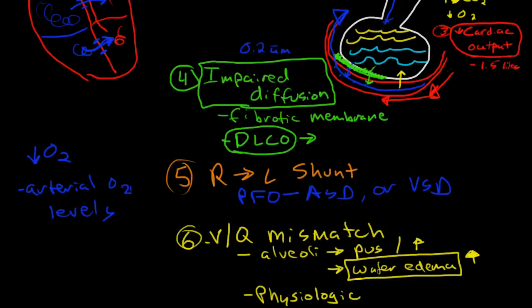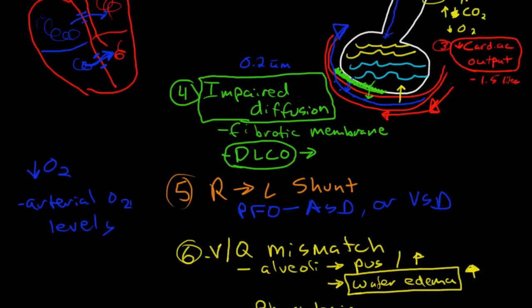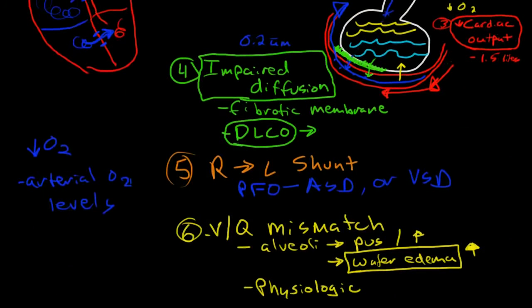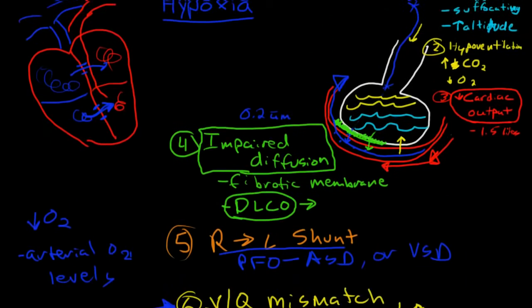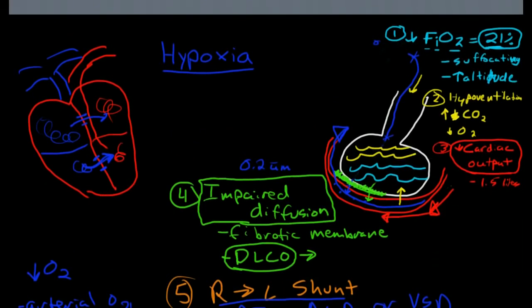Now I do want to make the point that in most acute situations, acute hypoxia is most commonly caused by a VQ mismatch. I would say if you have a newborn baby, sometimes we will have an anatomic shunt. There are some disease conditions that can cause chronic hypoxia that cause impaired diffusion because of fibrosis of the membrane, and that hypoxia usually will have a mixed picture.